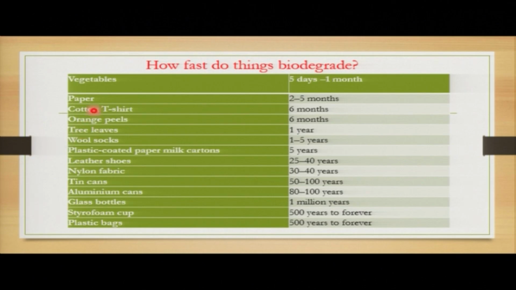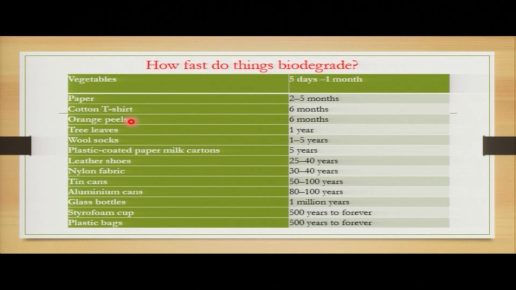When you look at the paper, the papers that we produce, either in the office, at schools, wherever we are, even in the homes, you'll find this one takes 2 to 5 months to decompose. A cotton shirt will take 6 months to decompose. Orange peels, you look at them and you think they look soft, but they take 6 months to decompose.